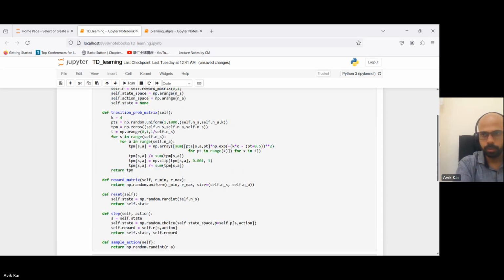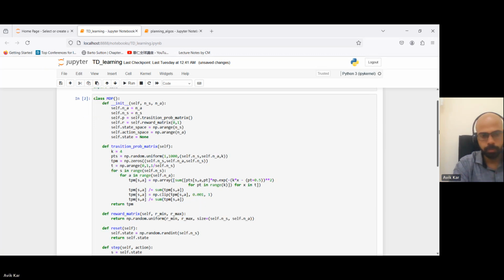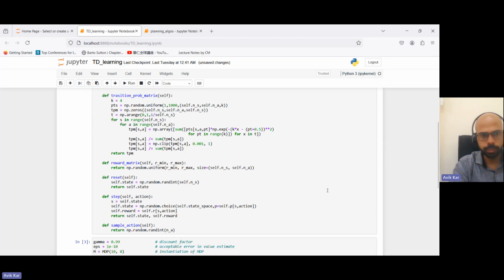So how did we run this MDP? First we reset. Our state is initialized randomly under uniform distribution. That's what this particular line is doing.